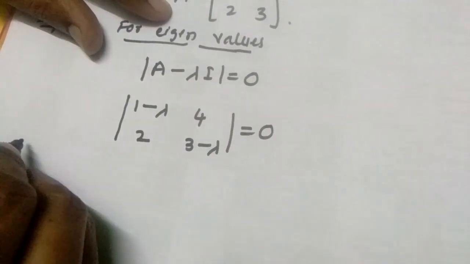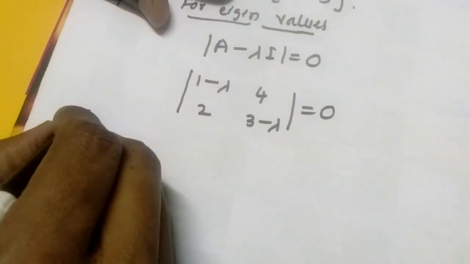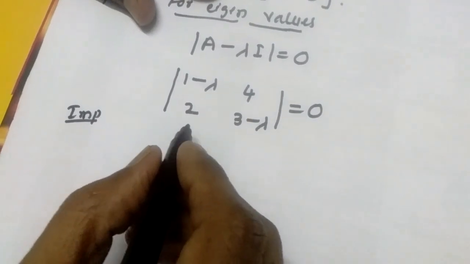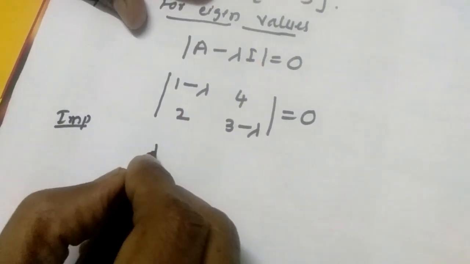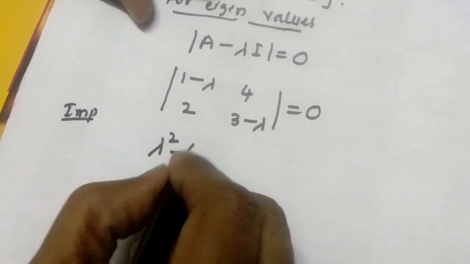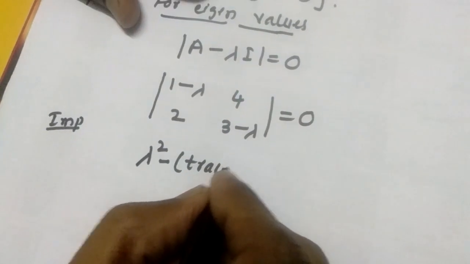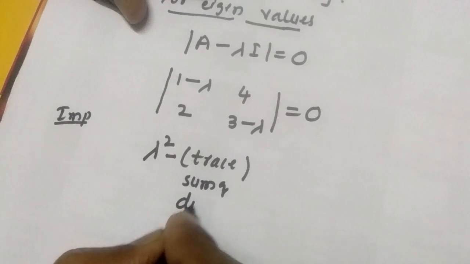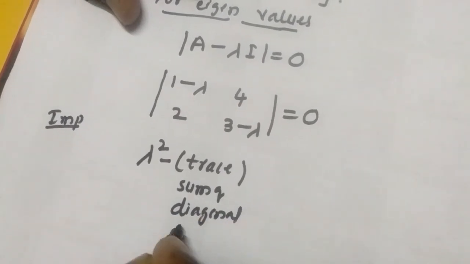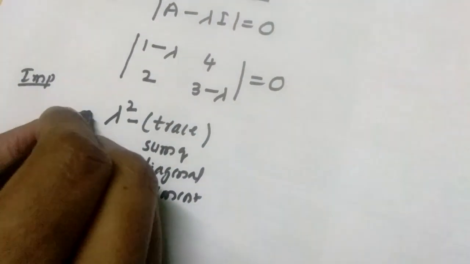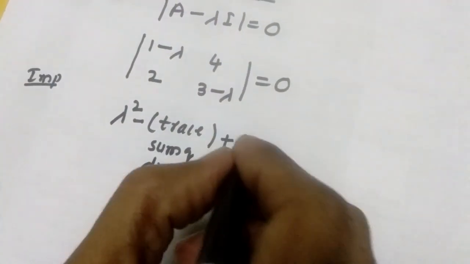To simplify this, I will use a shortcut method. For 2 rows and 2 columns, we take first lambda square, then minus the trace, where trace is nothing but the sum of diagonal elements, lambda, and then plus the determinant of A, which is equal to 0.